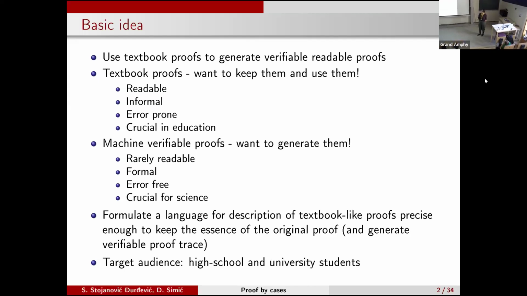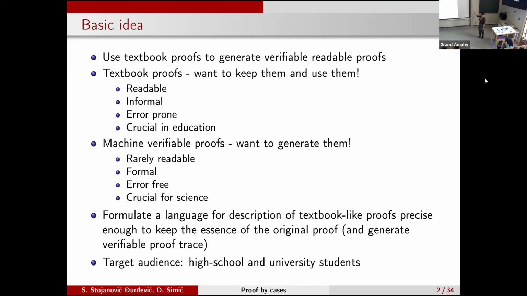We know that they are informal: if we want to formalize them, then we have a lot of gaps. We also discovered that not only textbook proofs, but proofs from journals tend to have some errors, because if you write them on paper you can take any knowledge for granted. If nobody checks, whether the authors, the editors or the referees, it can contain errors.